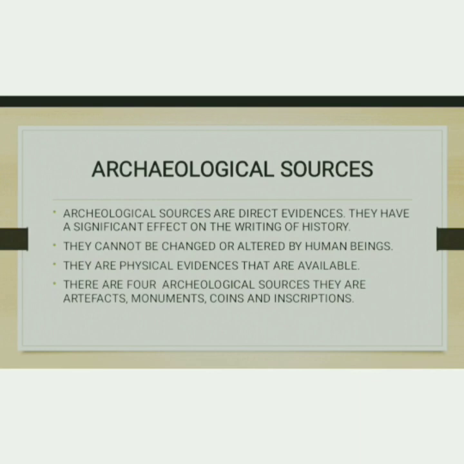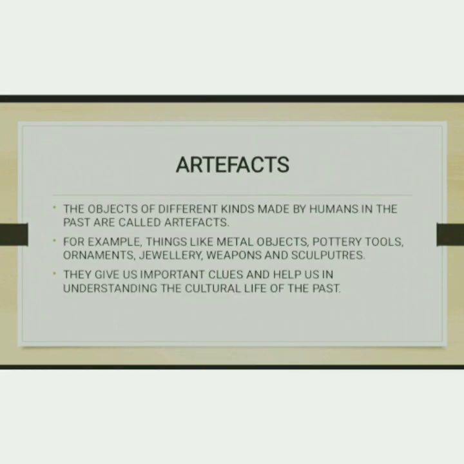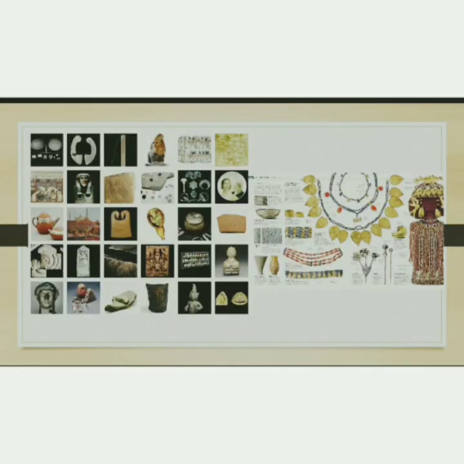Artifacts. The objects of different kinds made by humans in the past are called artifacts. For example, things like metal objects, pottery tools, ornaments, jewelry, weapons, and sculptures. They give us important clues and help us in understanding the cultural life of the past.